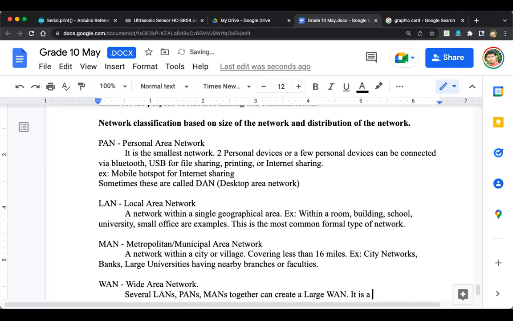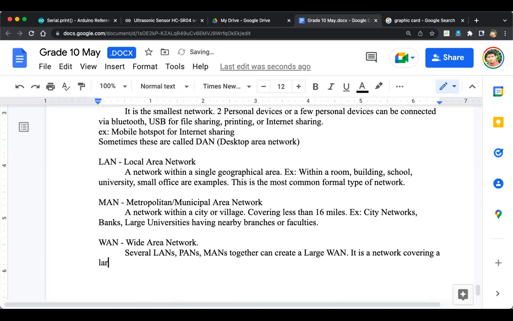It is a network covering a large geographical area or different geographical areas. That is called a WAN.